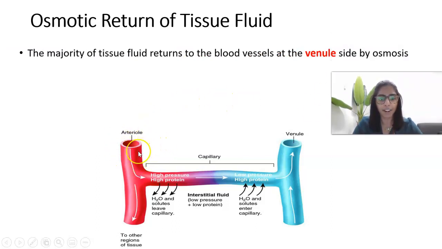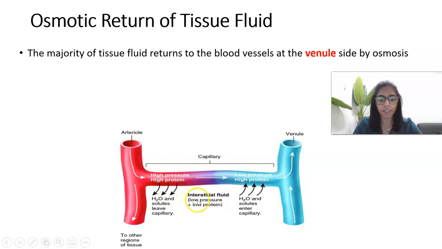If we look at this diagram here, what we are seeing is, from an arteriole, we have pressure filtration, so we go from arteriole to capillary, and small molecules such as water and associated solutes like ions, carbon dioxide and glucose will diffuse out, and the water will move out by osmosis.